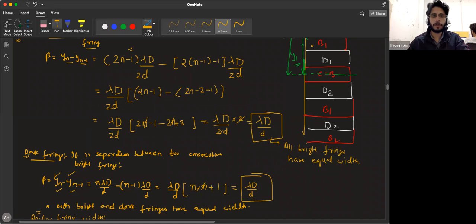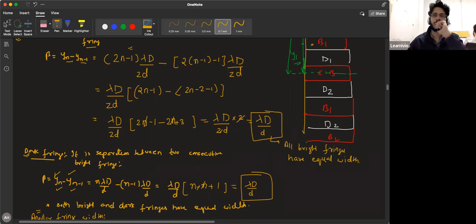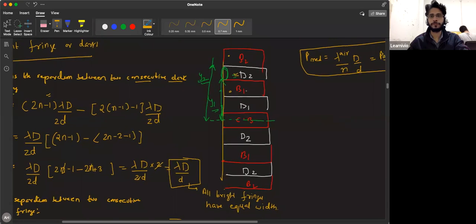Yes, has everyone written up to the dark fringe? Without the dark fringe? Yes. No, 1 minute, sir. Sir, can you show the diagram, please? This diagram.